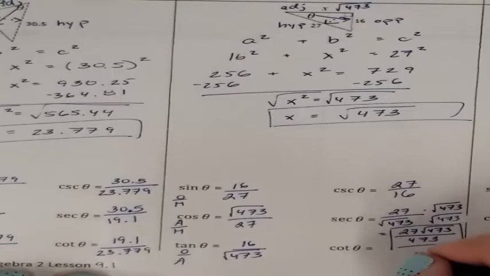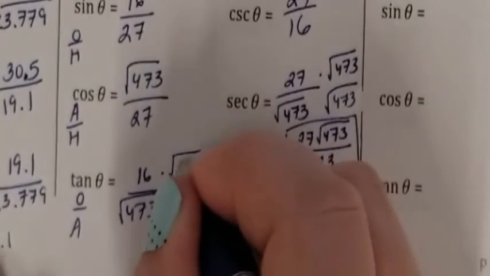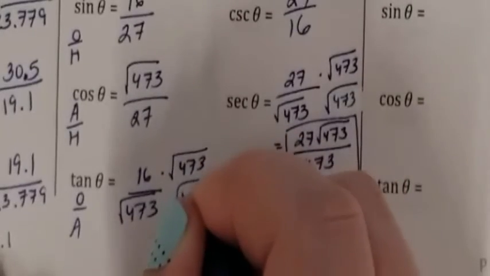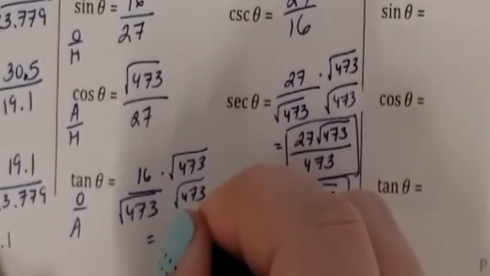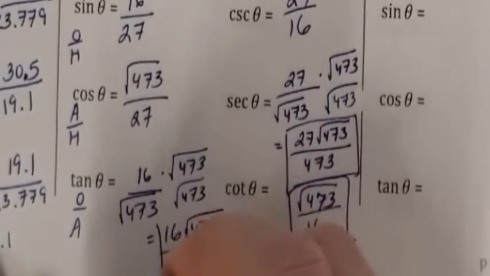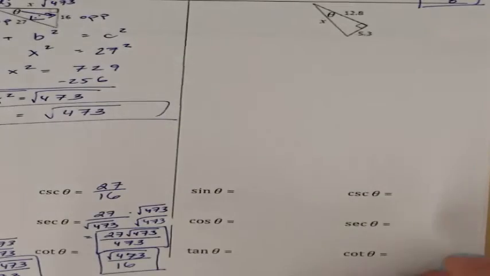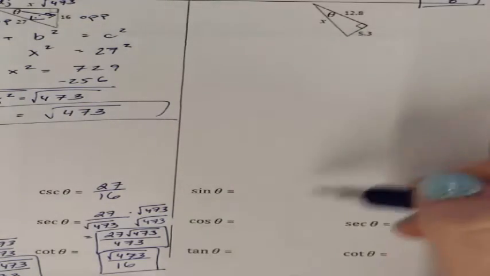If that's tangent, cotangent is the square root of 473 all over 16. This one needs to be rationalized. So multiplying both sides by the square root of 473, I get 16 root 473 all over 473.